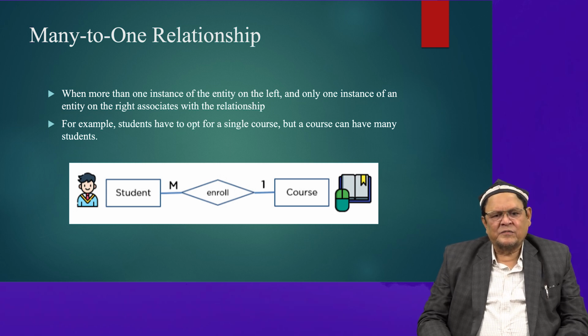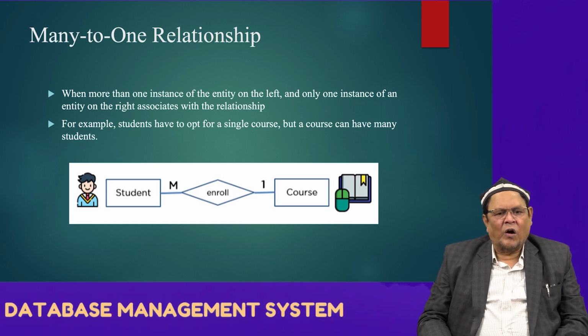For instance, take the example of a student-teacher relationship: many students can have the same teacher. However, each student is connected to only one teacher.